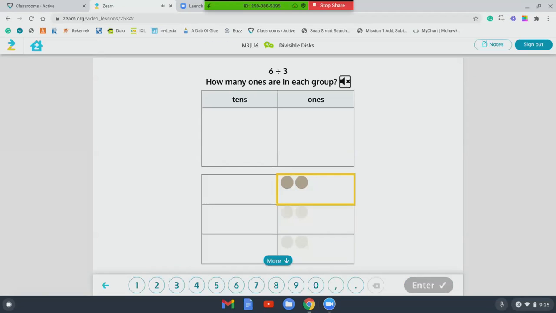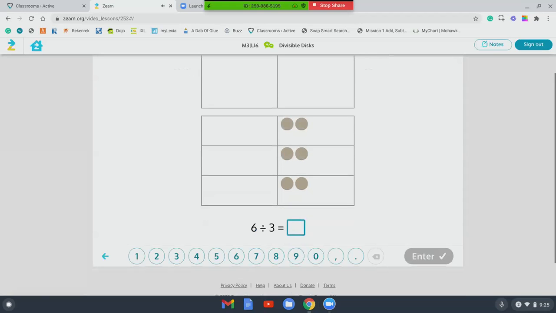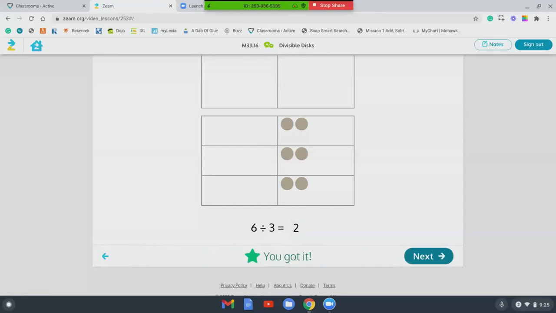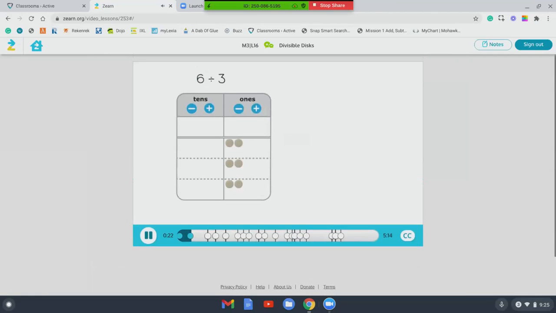How many ones are in each group? There are 2 ones in each group. Complete the equation. Nice work. How many ones are in each of our 3 groups? 2 ones in each group, and there are no ones left over. That means 6 divided by 3 equals 2 ones.